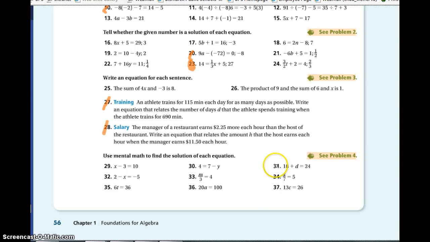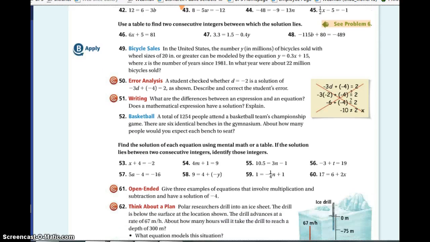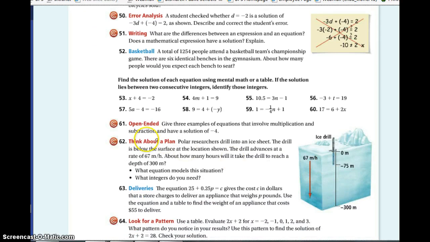We'll do 31. Here they want you to make a table, so make sure you show me a table. And we'll do number 39. And then there was one more. Oh, number 62. But for number 62, I only want you to come up with an equation that models the situation.